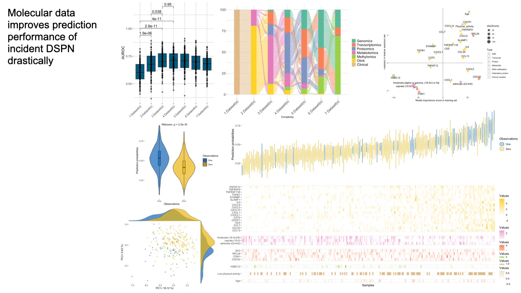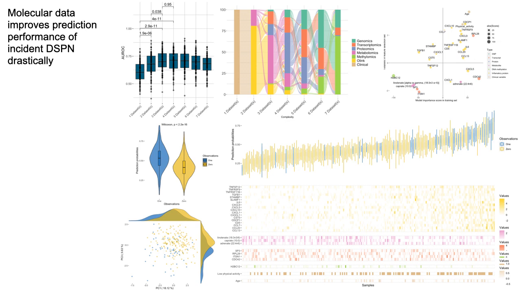And when I stratify the prediction probability into individual samples, you can see that most of the cases are concentrated on the right side of this plot, where we have higher prediction probabilities.